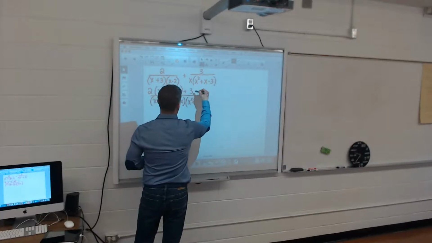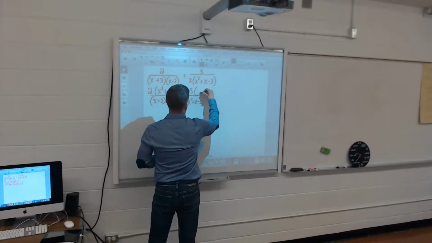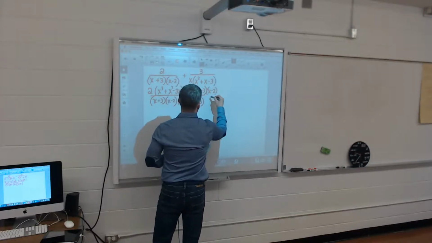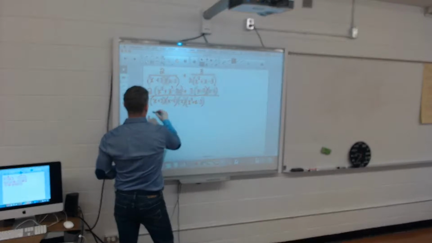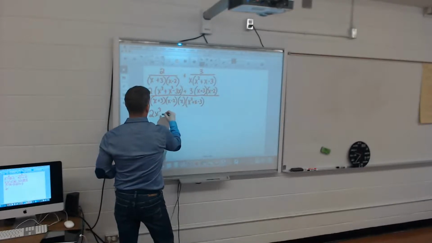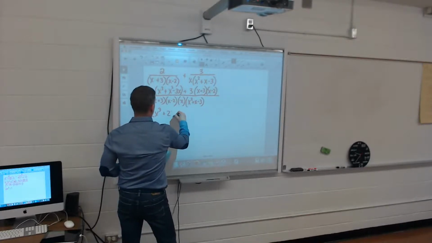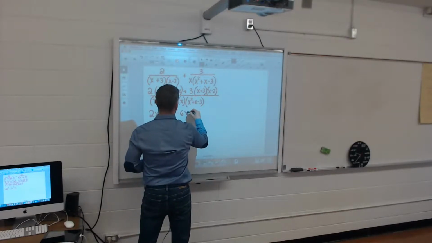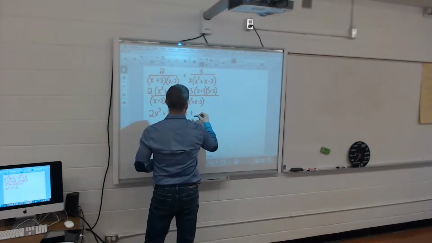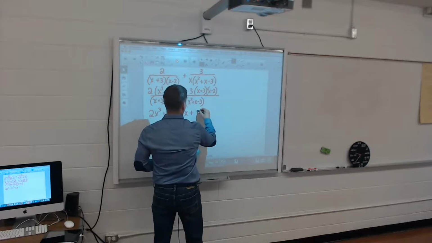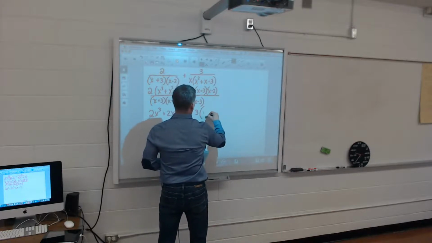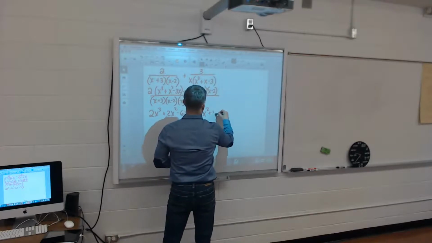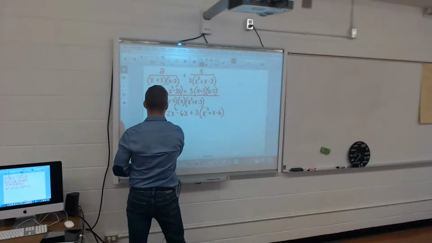Add 3 times x plus 3, x minus 2. So I get 2x cubed plus 2x squared minus 6x plus 3 times x, so it would be whatever that is, x squared plus x minus 6.